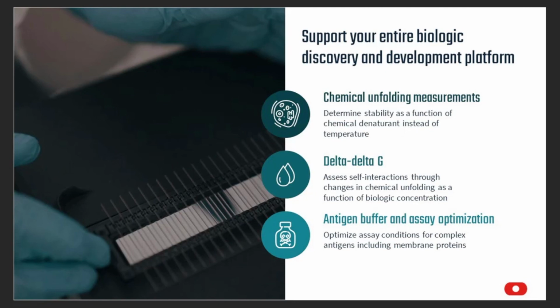As briefly mentioned earlier, these expand over multiple applications, such as chemical unfolding measurements, where you might be adding some sort of chaotrope to unfold a molecule, determination of delta G, or self-interactions through changes in the chemical unfolding as a function of the concentration of the biologic or protein of interest, and of course various other applications when it comes to optimizing assays or buffer conditions being used for an antigen of interest or some other protein that might be part of your drug discovery workflow, right? These are all things that the Prometheus can help to understand and facilitate.